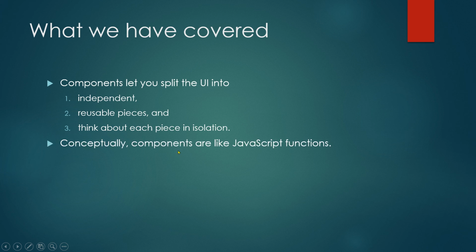Conceptually, components are like JavaScript functions. If you know plain JavaScript, you can resemble them to a JavaScript function, and we always write them in a .js file. There is a .jsx syntax also to name the files, we will get to that later. There are two types of components: functional components and class-based components.